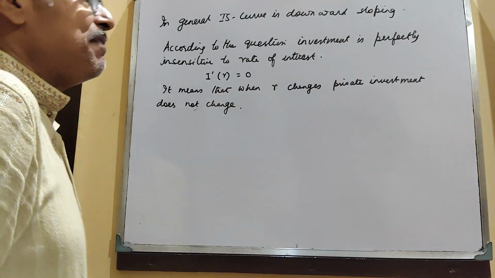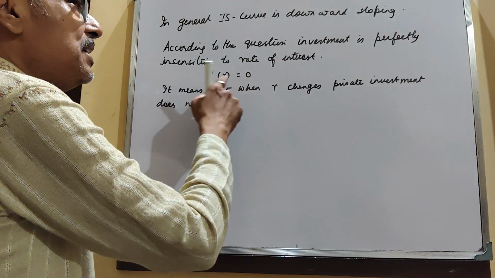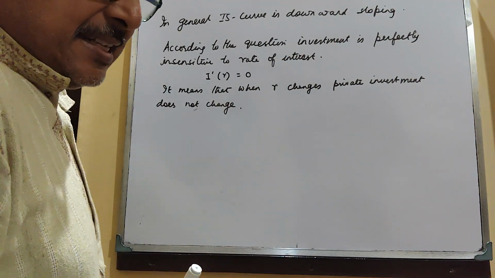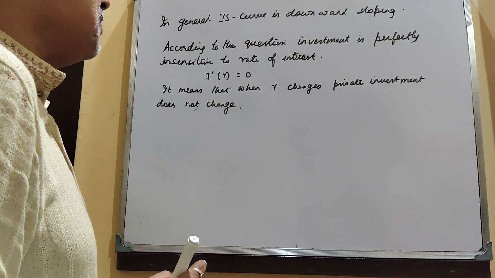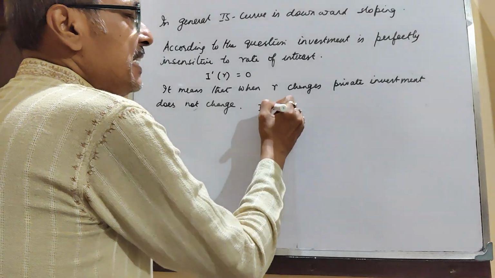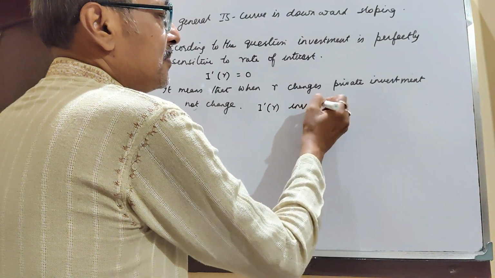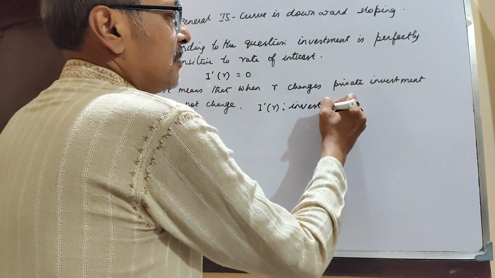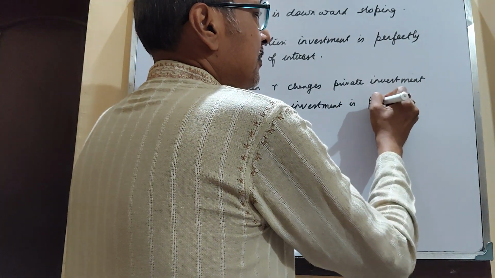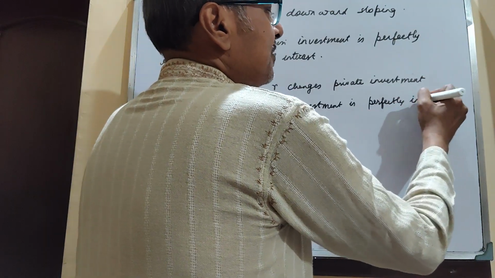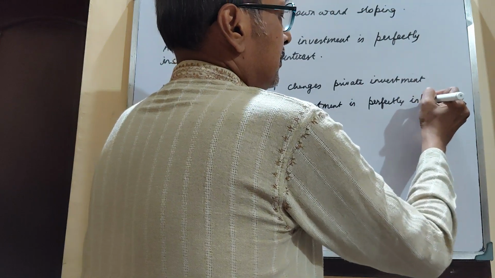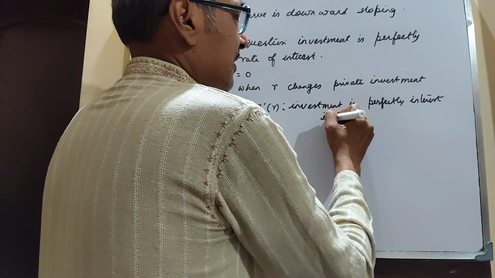That is, private investment remains unchanged. I prime equals 0. The interest sensitivity of investment is 0. The investment is completely interest inelastic. I prime 0 means investment is perfectly interest inelastic.